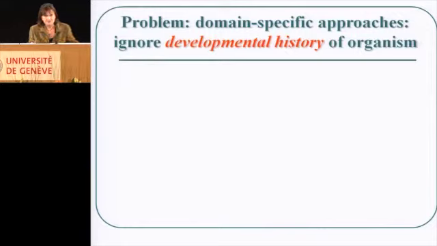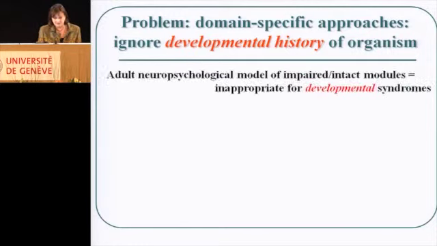One of the main problems, and a problem that Piaget would have highlighted, is that these approaches ignore the developmental history of the organism. Organisms develop over time. Their brains develop, their cognition develops, their bodies develop as well. Reaching changes as your arms grow longer and longer, and so forth. So there's a developmental history that has to be taken into account.